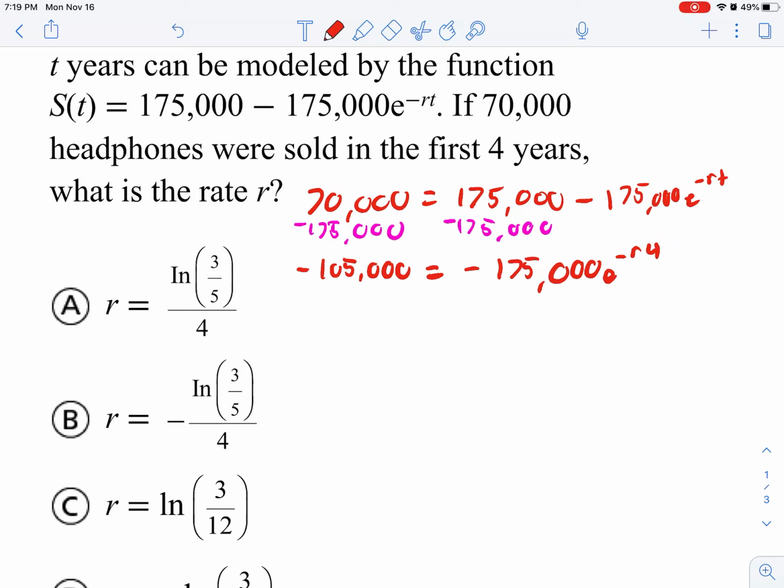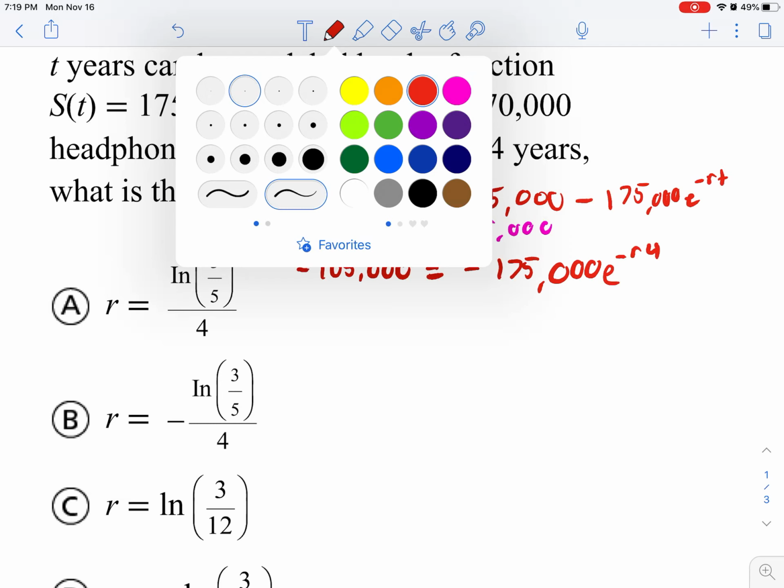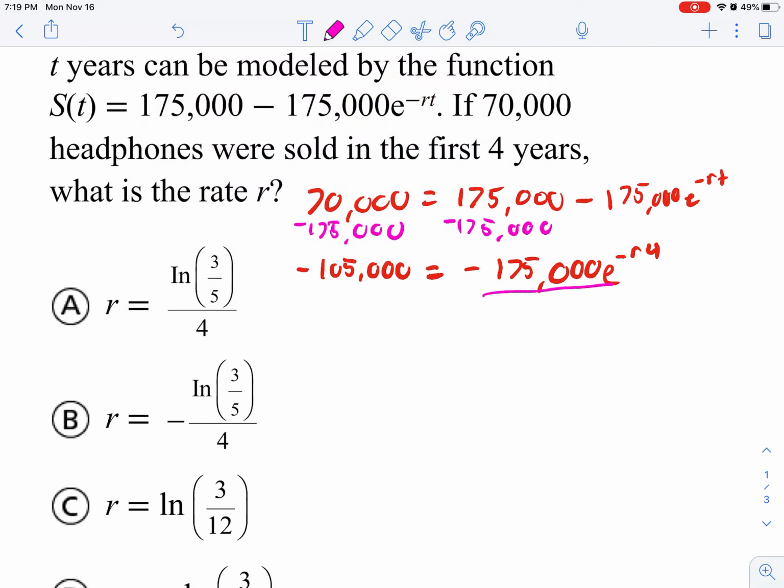So we want to get that e to the power by itself. Again, we're going to divide both sides by that negative 175,000. And that's where our negative sign is going to drop out, because it would be weird to have a negative sign in the rest of this problem.